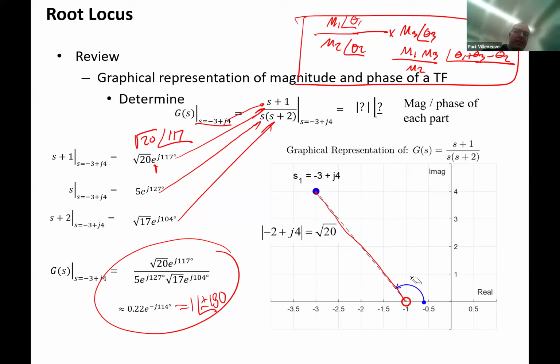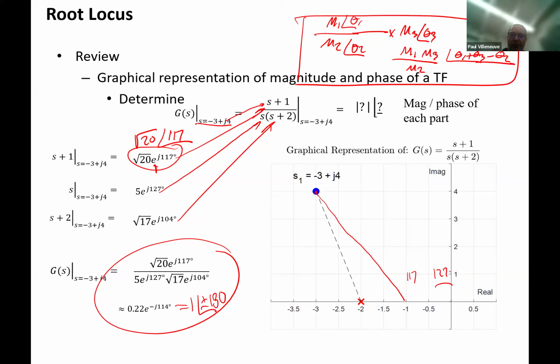This one over here, the magnitude and the angle I get from here. So this is 117. Now I'm going to go from my pole at s equals 0. Magnitude is equal to the square root of 25, which is 5. And the angle here is 127. And then the last one I'm going to do is from s minus 2.